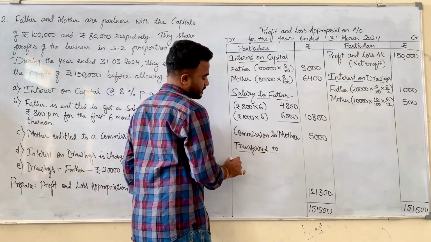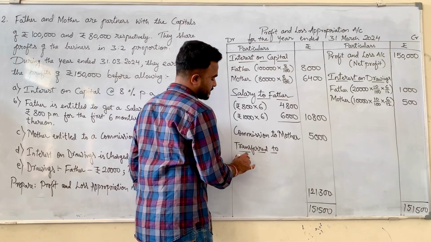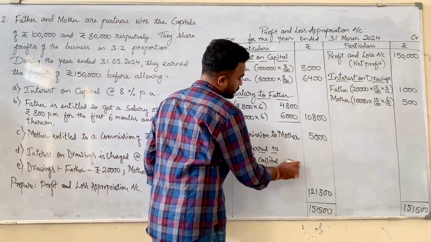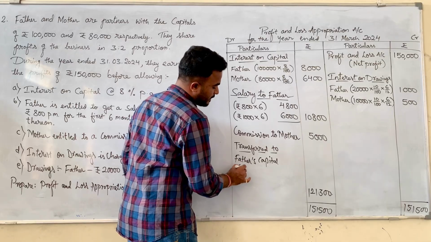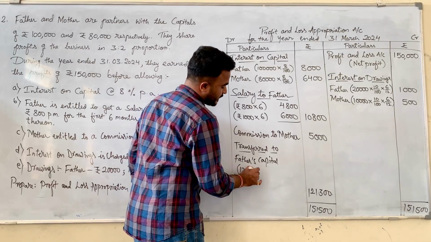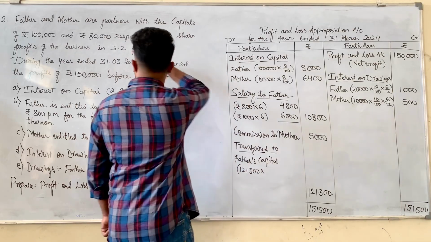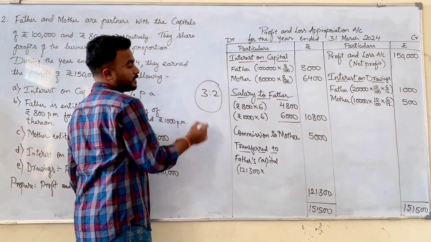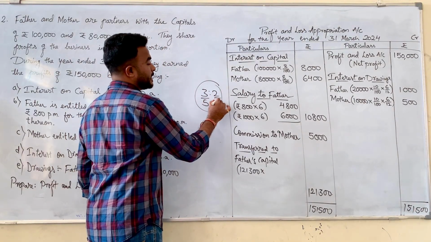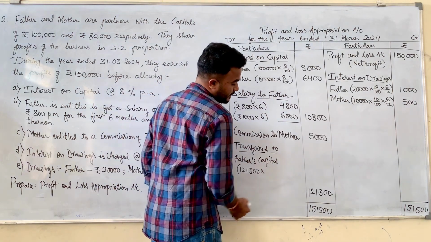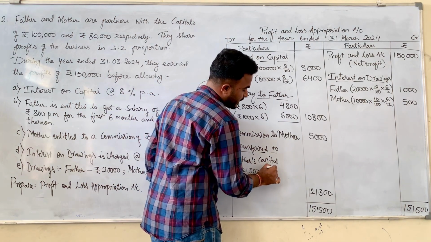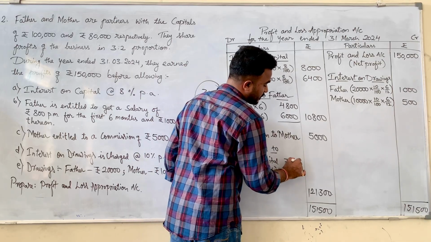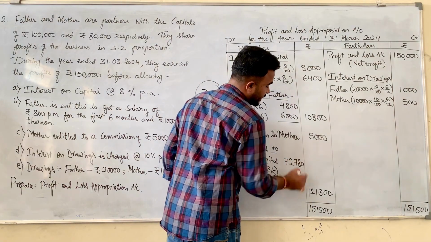Who are partners? Father. So father's capital. So what is the amount, total amount? 1,21,300 into, what is the profit sharing proportion? 3 is to 2. 3 plus 2, 5. So 3 by 5 and 2 by 5. So 1,21,300 into 3 by 5, 72,780.